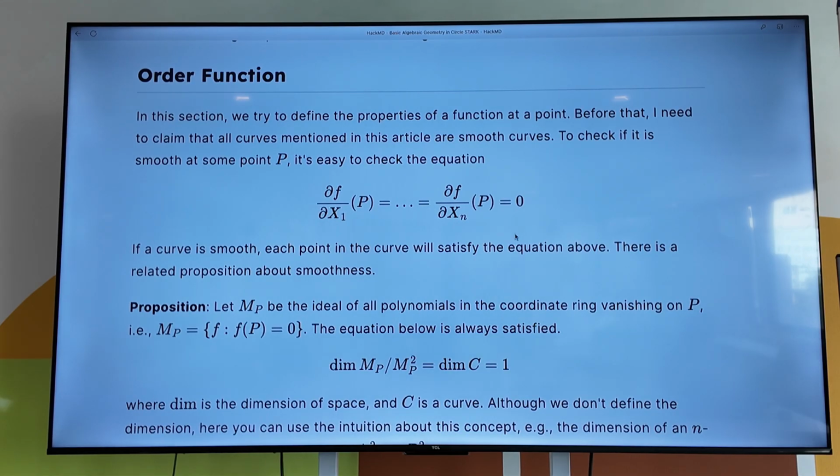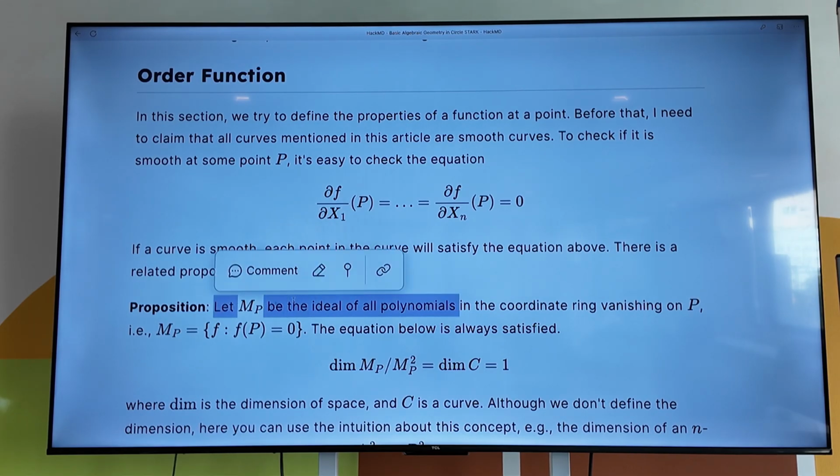And for the third part of the post, I talk about the order function. It's about how to define a degree of zeros. Each point in the curve has some vanishing. That means we first have an ideal of all polynomials for a point.